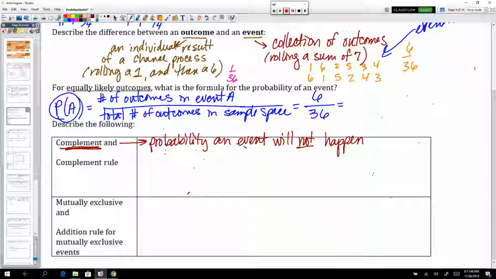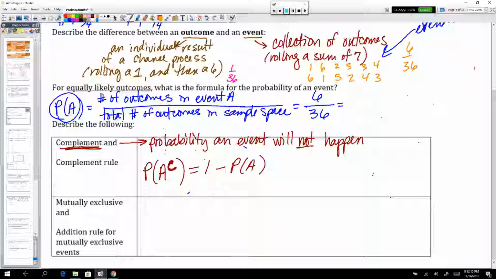The complement rule, again, let's make sure we use proper terminology. The probability of A not happening, that's how you write that. The probability of A not happening, or A's complement, that's a superscript C. You should read this as the probability of A not happening equals 1 minus the probability that it will happen.